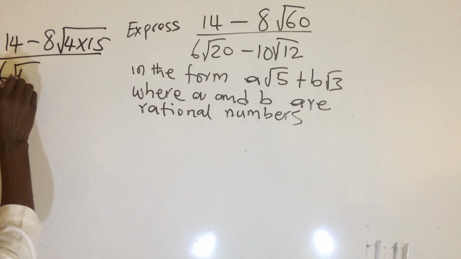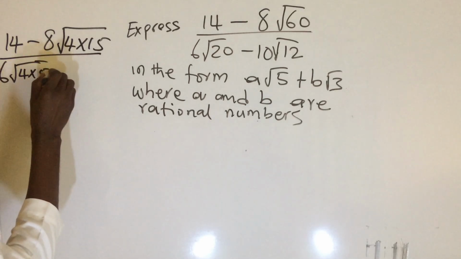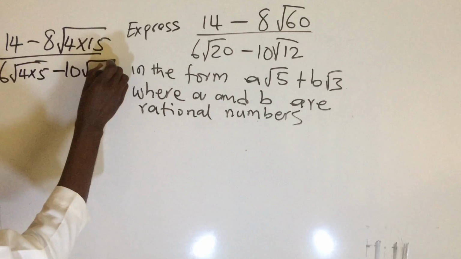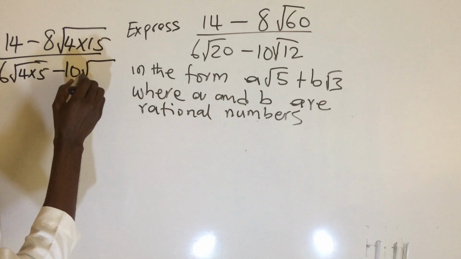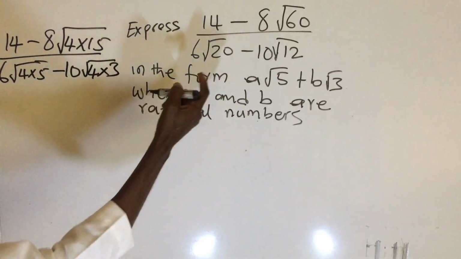Simplifying root 20 gives us 4 times 5, which still gives us 20, minus 10 root 12. Simplifying root 12 gives us 4 times 3, which still gives us 12.